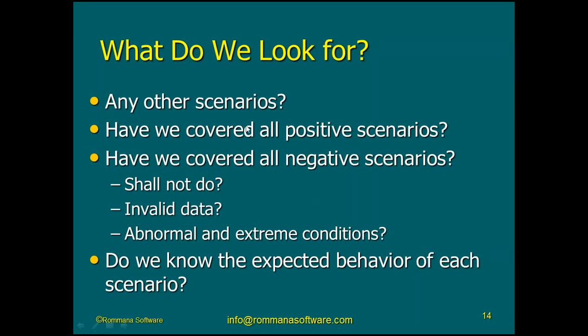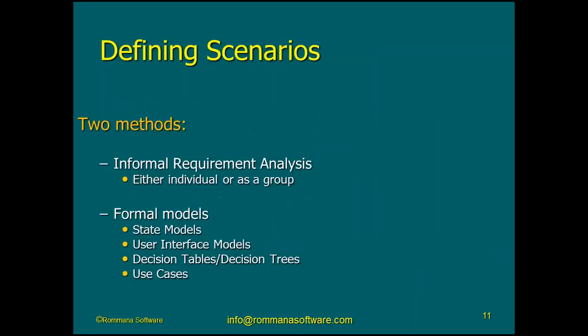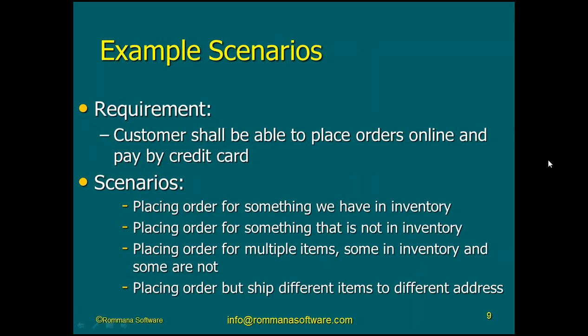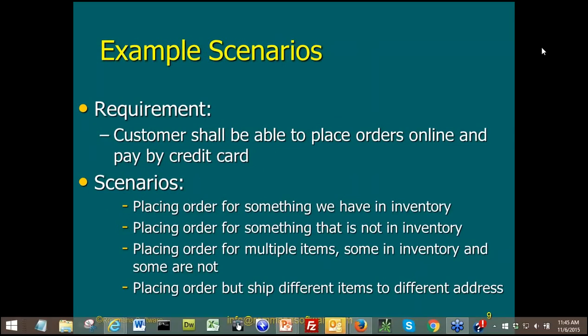Now, part of the scenario validation process is to agree on what I call the expected behavior of each scenario. This is very critical. One of the scenarios in the example I gave you was number 30: placing an order for multiple items, some in inventory and some not.